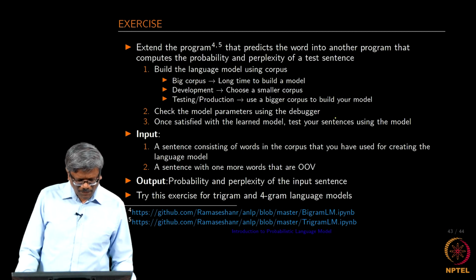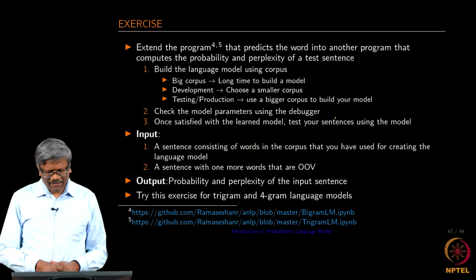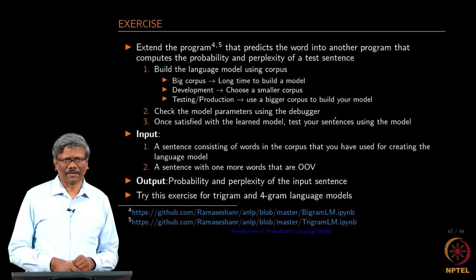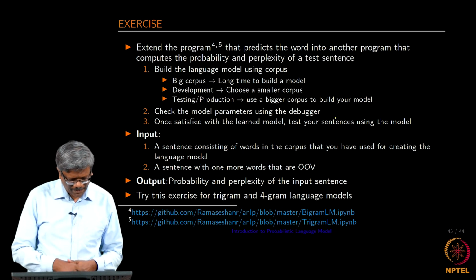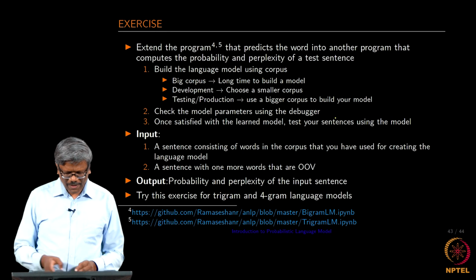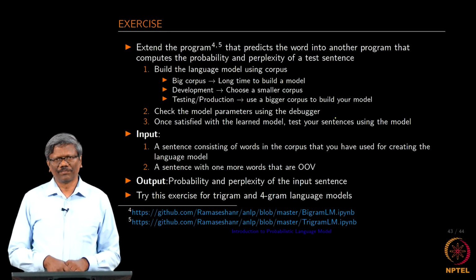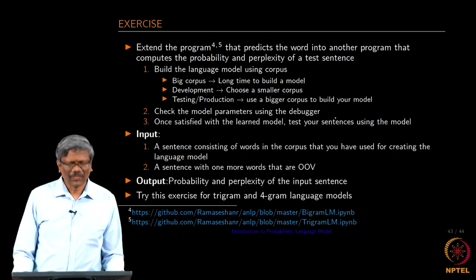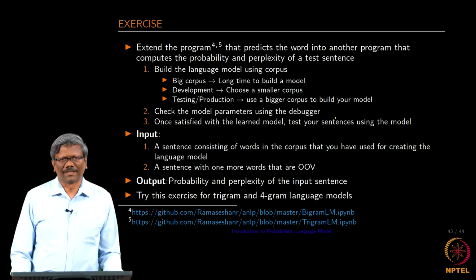The code for the bigram language model is available and you can see at the footnote I have given the link for those files. You can pick those files and then build your language model as mentioned in the exercise.